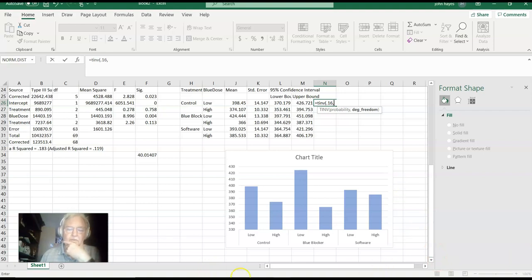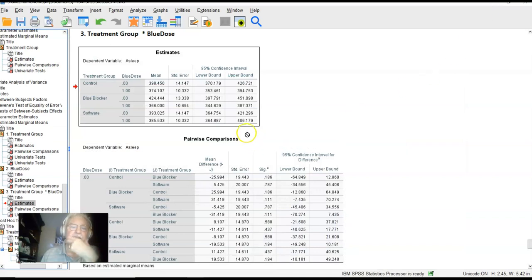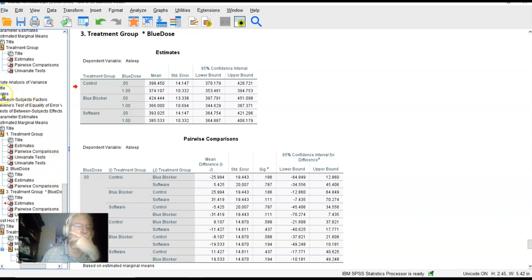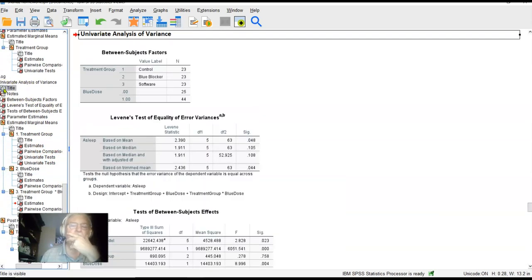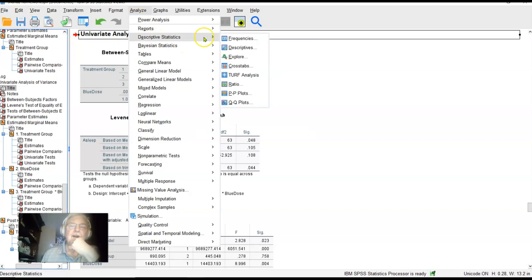Let's go back to see if it tells us. Let's come up to our notes. All right, it doesn't tell us what they are, so we have to figure out our n.